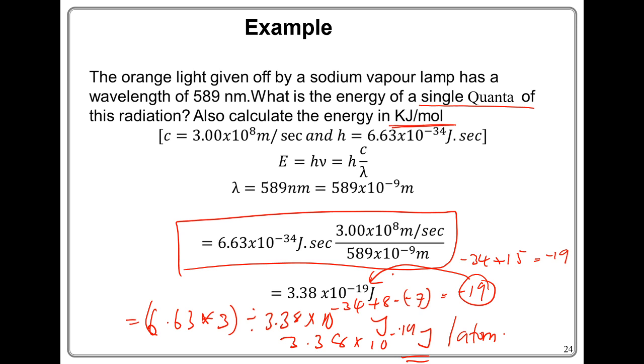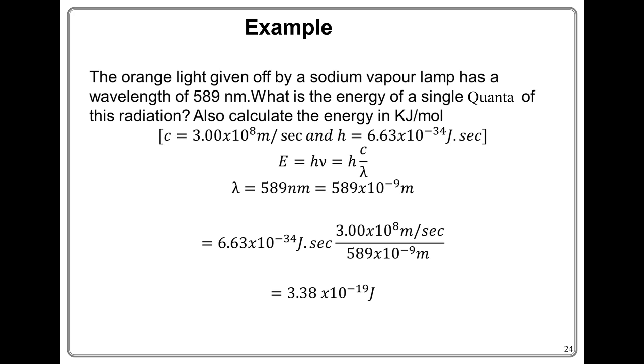To calculate energy per mole, you know that 1 mole is equal to Avogadro's number of particles, which is 6.02 times 10 to the power 23 atoms.